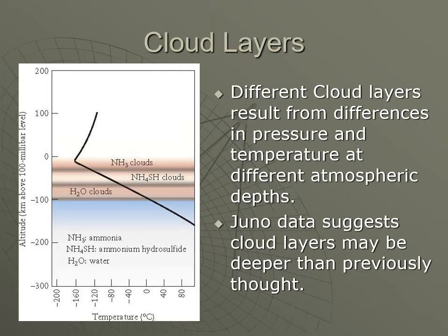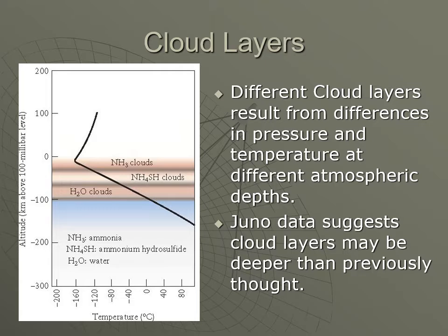Now, Jupiter in the deep interior is hydrogen, helium, you've got ammonia, you've got ammonium hydrosulfide, you've got water vapor, all these sort of things in there. But just like with Venus, at certain distances from the center of the planet, the pressure is going to be different.